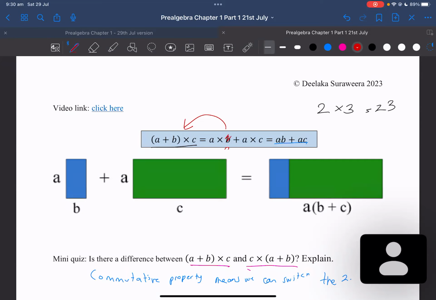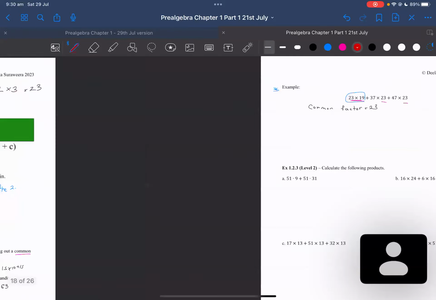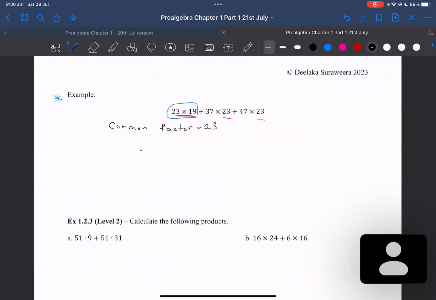When you have a times c plus b times c, with common factor c, I can take it out, and now I just add the other numbers together. Same thing with this problem. You have a common factor of 23, you take it out, and then just add the other numbers together. There's 19 here, 37 here, 47 here. So just 19 plus 37 plus 47.